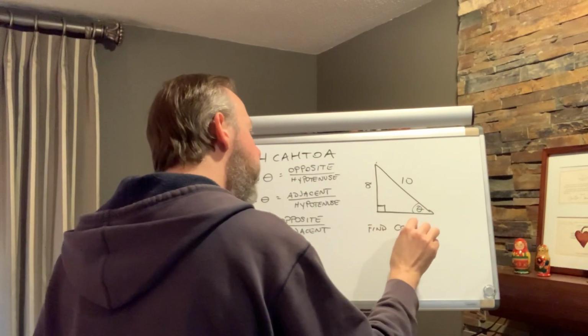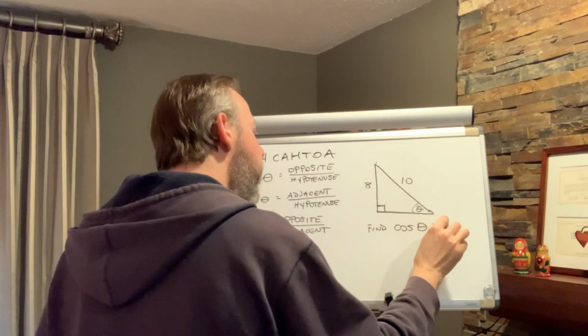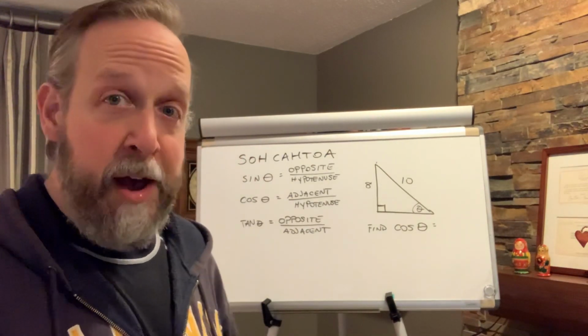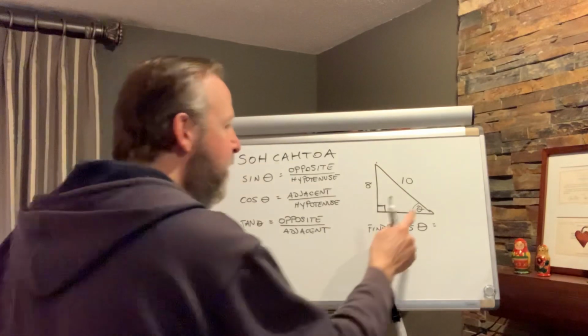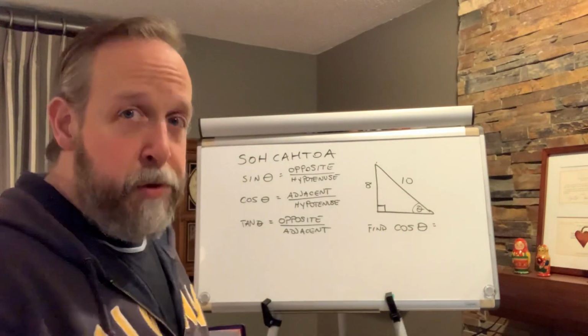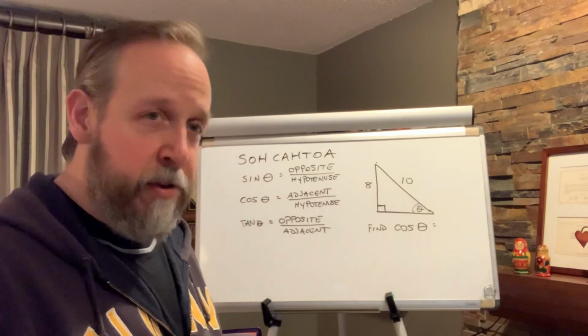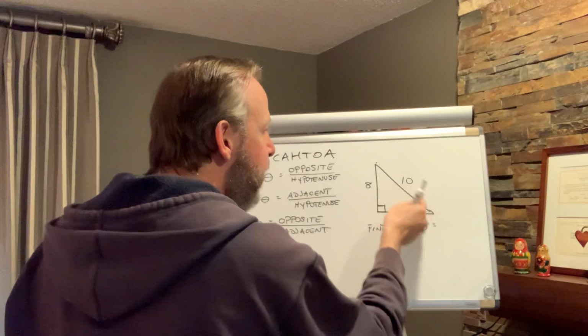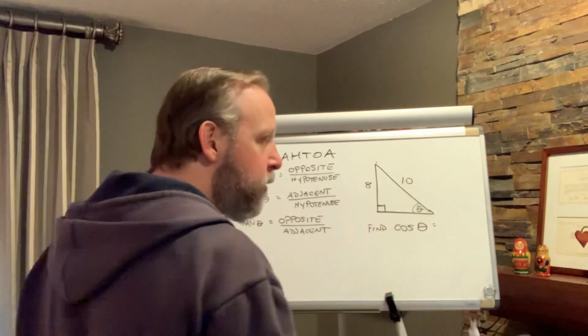So, cosine theta, cosine in Sohcahtoa is the adjacent over hypotenuse. So theta is made up of two sides. Every angle is made up of two rays that come together at the vertex to form the angle. Now, angle theta has a length of 10. That's the hypotenuse, though.